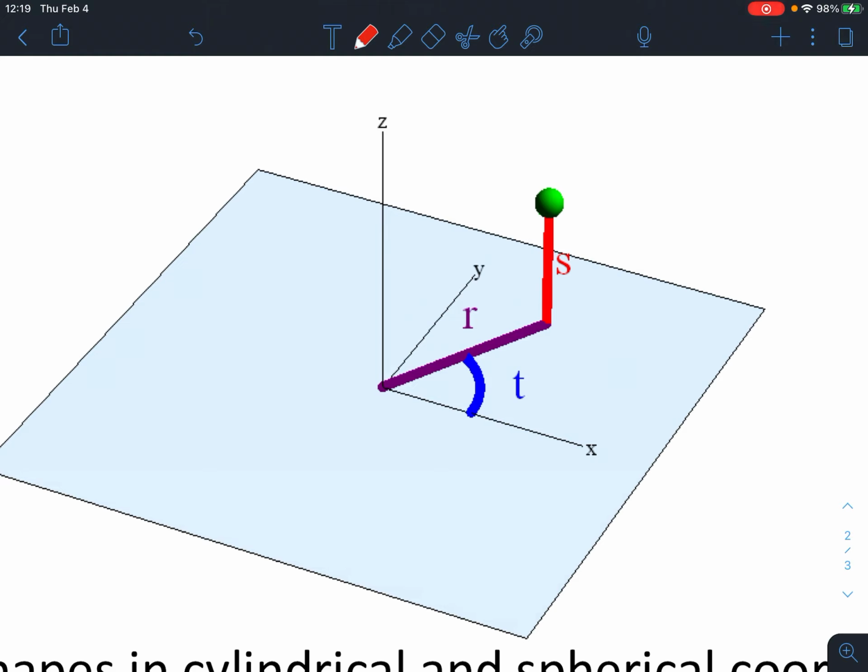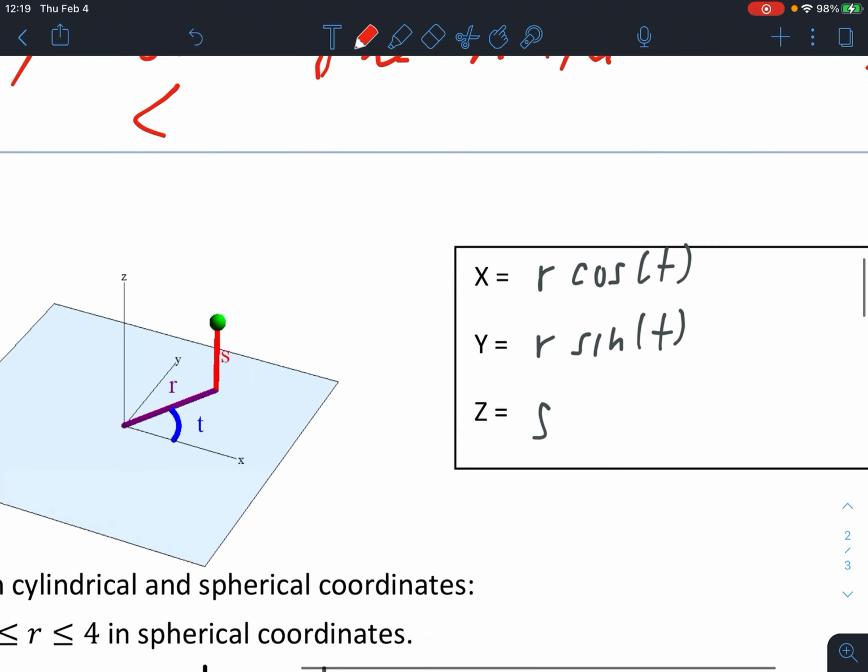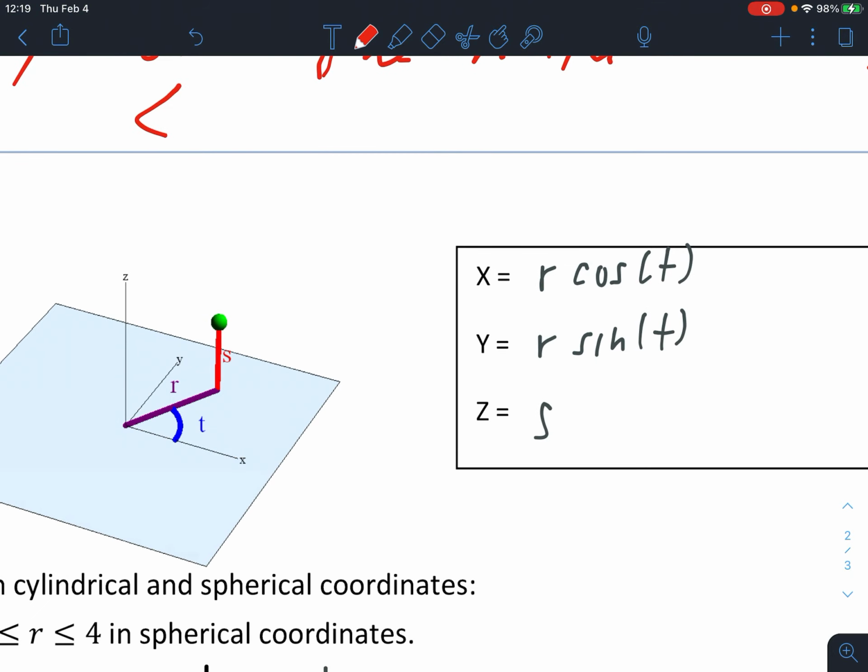And then t is our angle between the positive x-axis and the shadow of the line from the origin to the point. So you can see over here our cylindrical coordinates: x will be r cosine of t, y would be r sine of t, and z would be s.